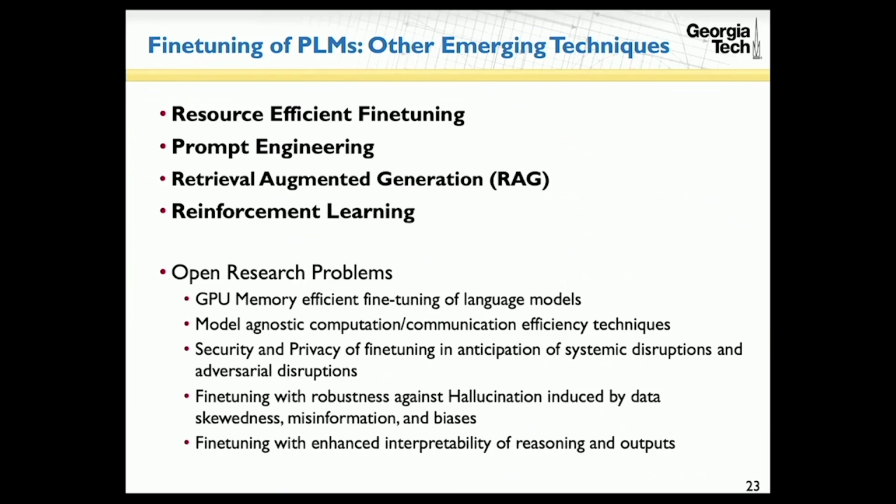And finally, fine-tuning also needs to be robust against hallucination-induced safety issues. Those are not only related to privacy and security threats, but also to problems caused by data skewness, misinformation, and biases. So those are very challenging problems.